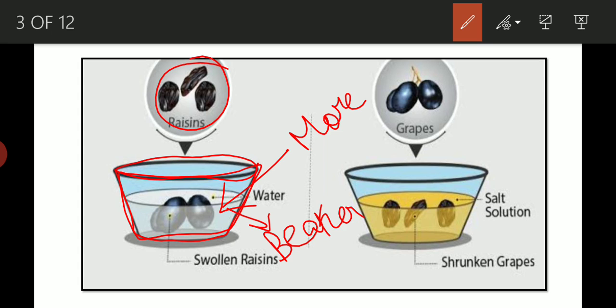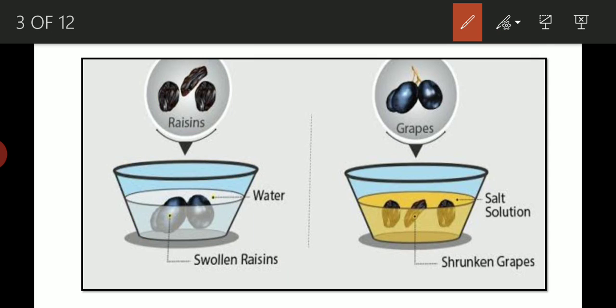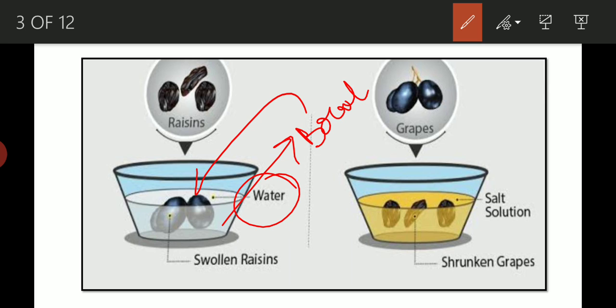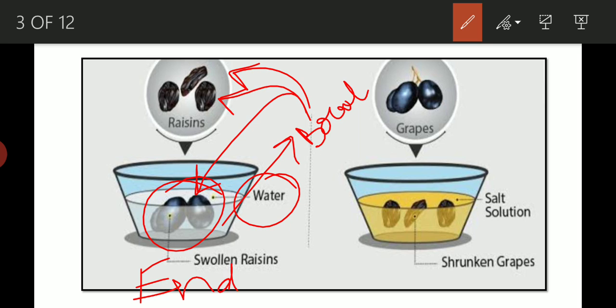So the water molecules will move from their region of higher concentration to their region of lower concentration, as water molecules are present more in the bowl. So they will move more and more inside these raisins. So water molecules will be moving inside the raisins, and these raisins will swell up. This is known as endosmosis.